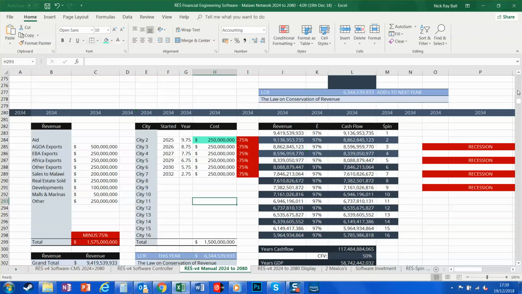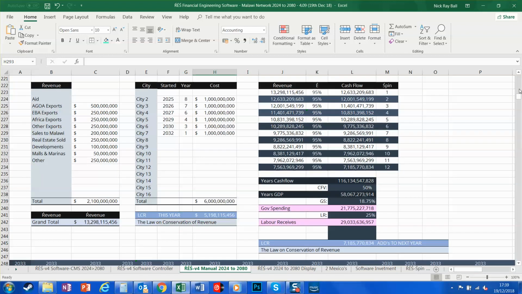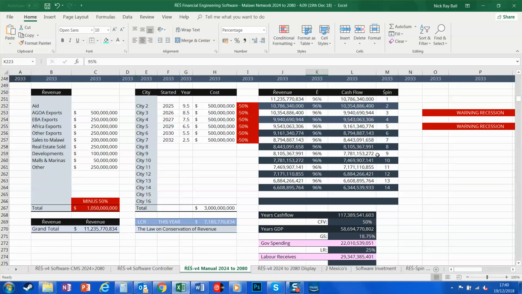And note that as soon as we get sight of a recession, we're here at 95 E spin 12, and the income drops here and here, so the revenue decreases, we start to spin more.